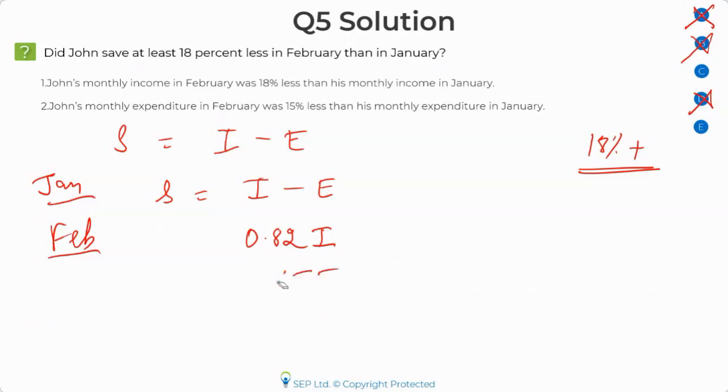Let us call it S2. I guess all of you agree with this? Savings in February was 0.82I minus 0.85E.